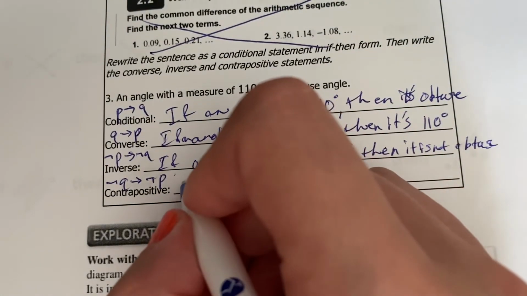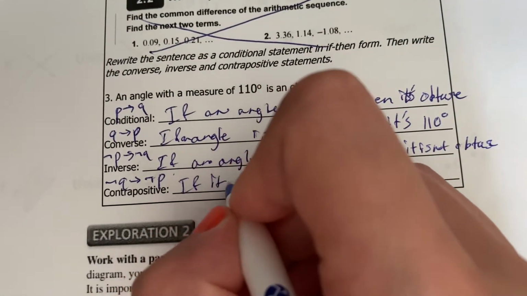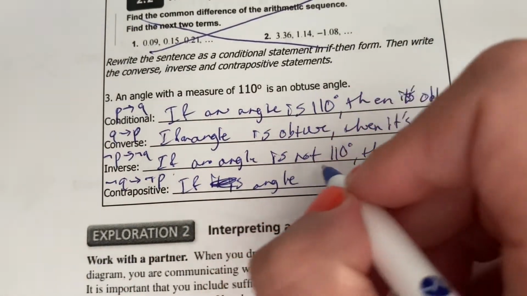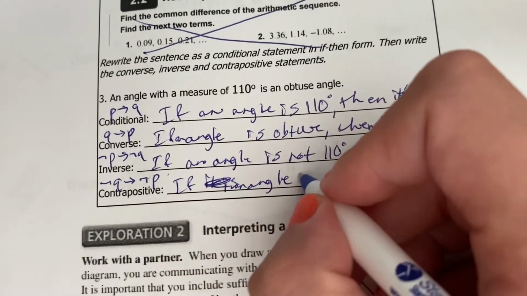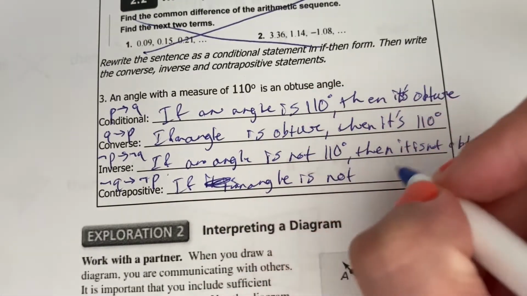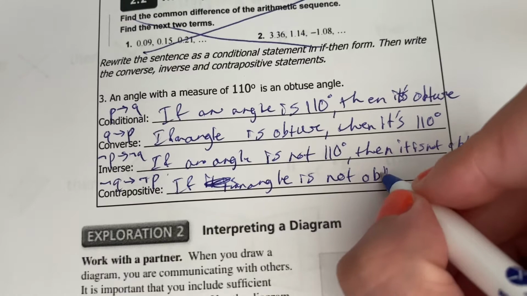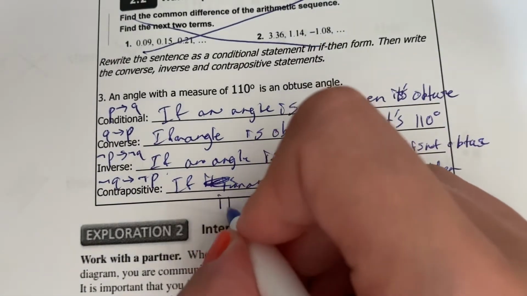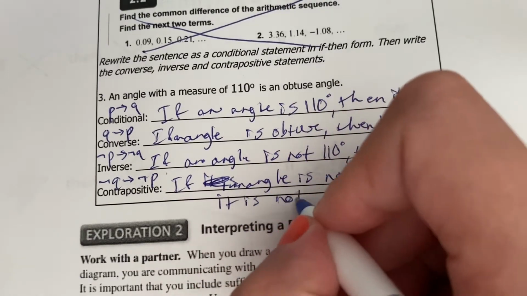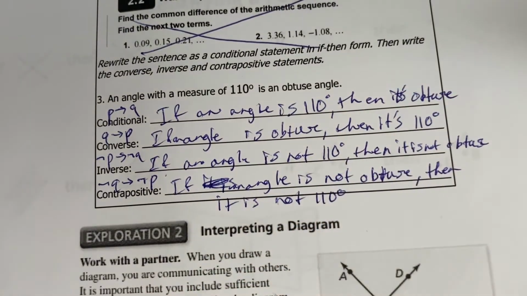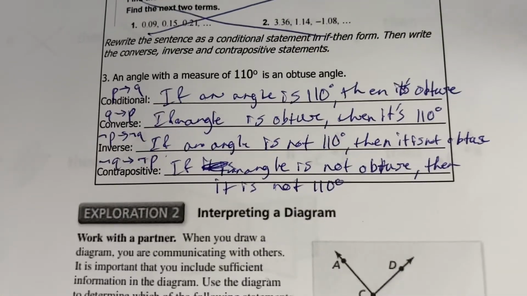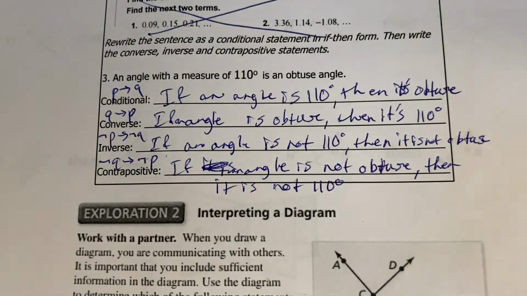And then switching them, so if an angle is not obtuse, then it is not 110 degrees. Okay, so that's what you should have gotten. Sorry, my handwriting's a little rough today, but that's what you should have gotten for that. It's just a little bit of review.